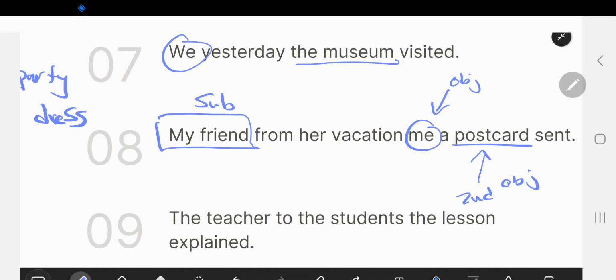Because if you said she sent me, me would be the object. But if you said she sent a postcard, then a postcard would be an object too. But in this case, we have two objects, so we'll have a secondary object as a postcard.